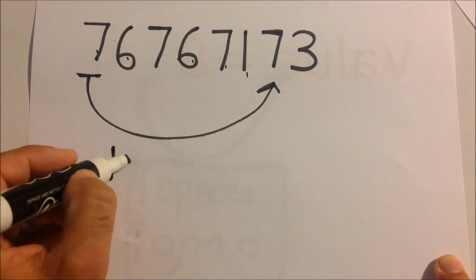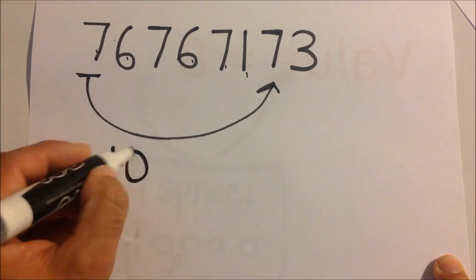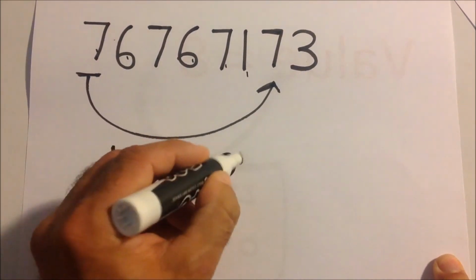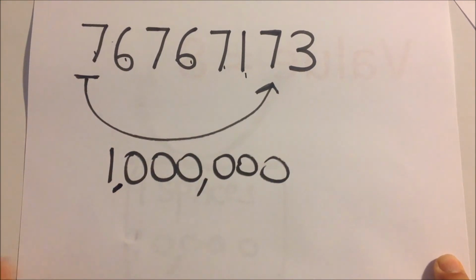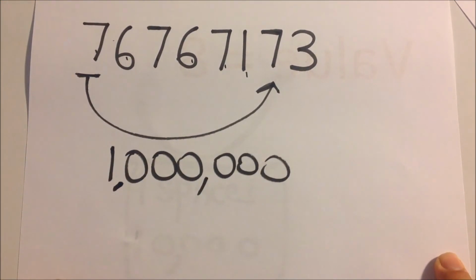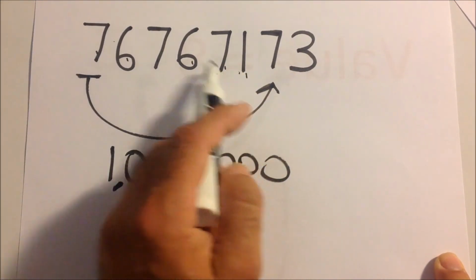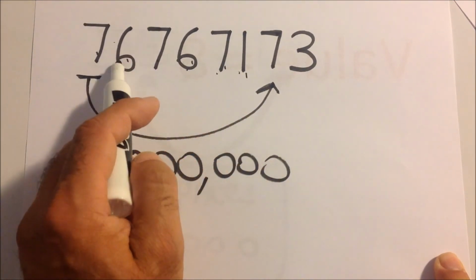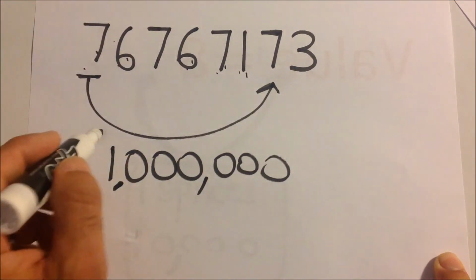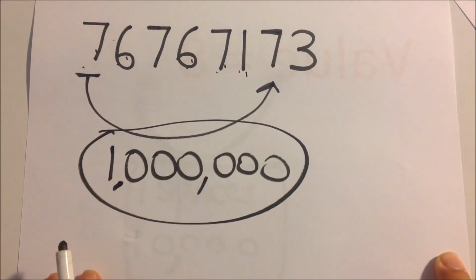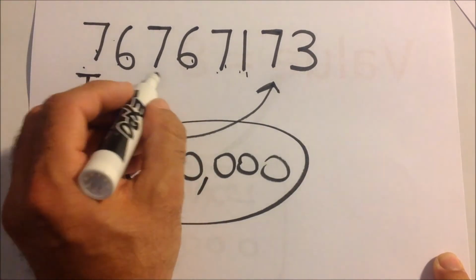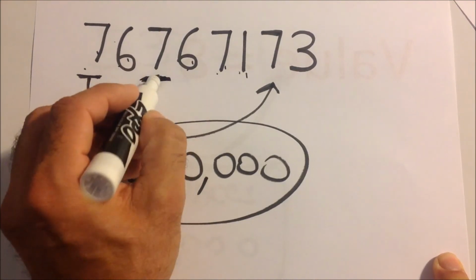So that should be 6 zeros. Put a 1 and 6 zeros. 1,000,000 times greater. Let's check. Remember, with powers of 10. 10, 100, 1,000, 10,000, 100,000, million. 1,000,000 times greater.